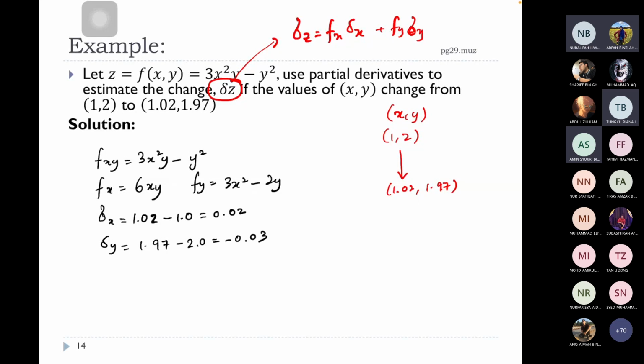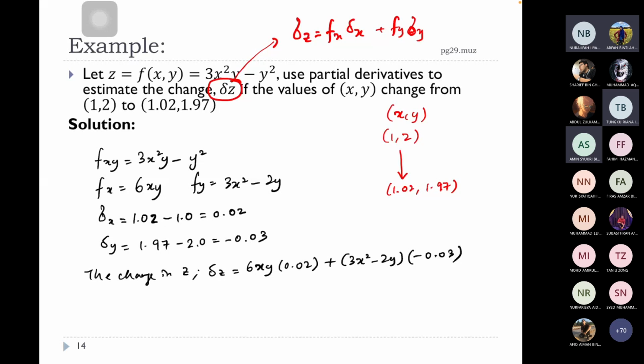The change in z, delta z, it will be equal to fx, that is 6xy darabkan dengan delta x is 0.02 tambah dengan fy 3x squared tolak 2y darabkan dengan delta y negatif 0.03.